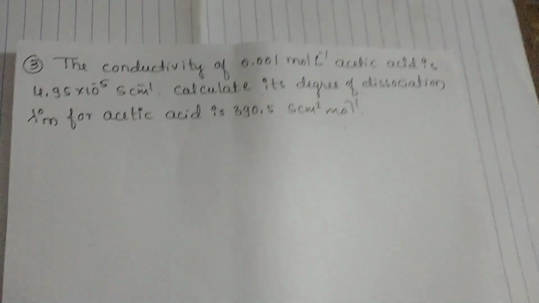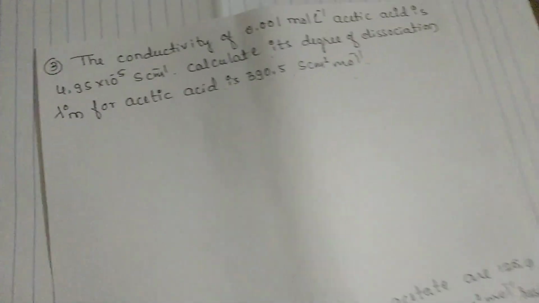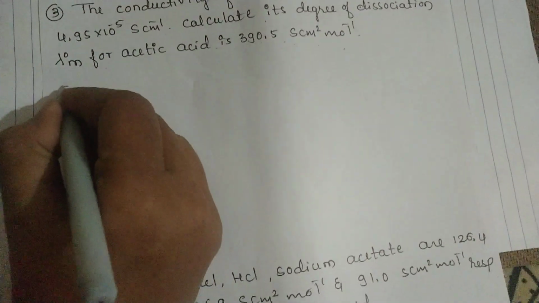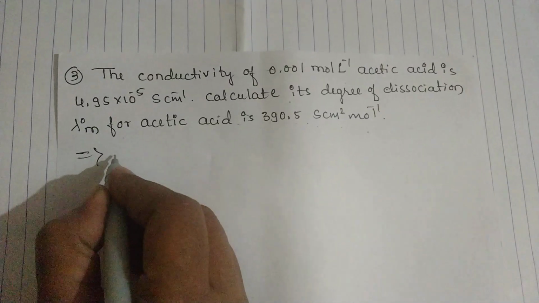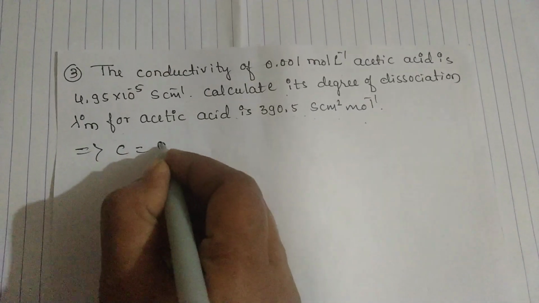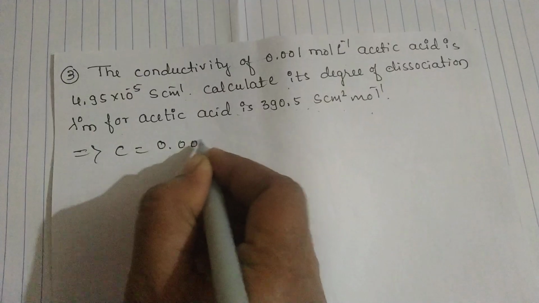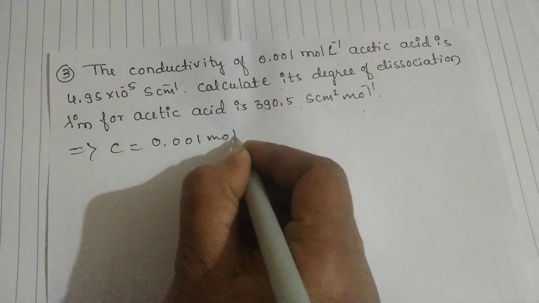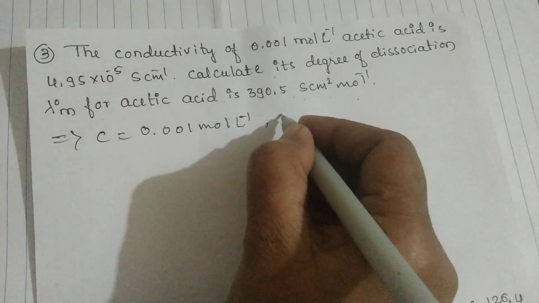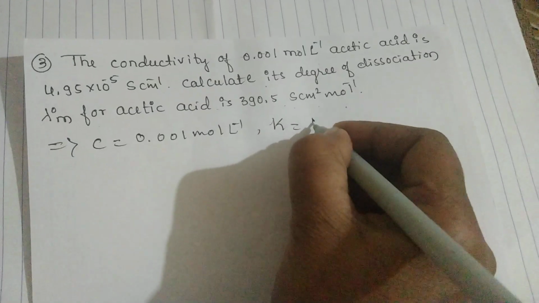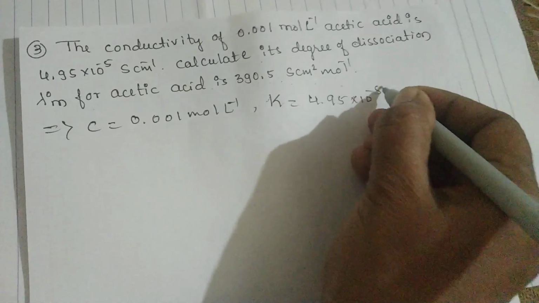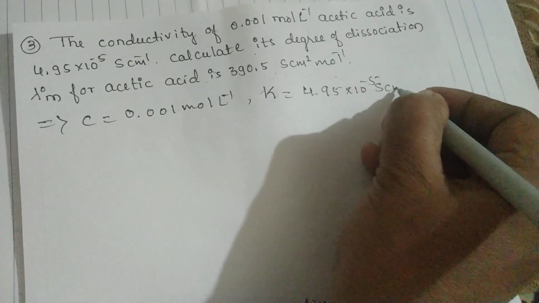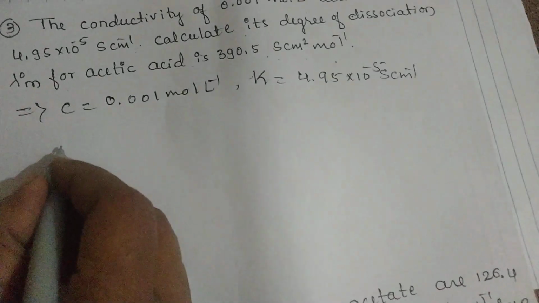Here the given things are the concentration, that is C is equal to 0.001 mole per liter, and the conductivity K is equal to 4.95 into 10 raised to minus 5 Siemens per centimeter.